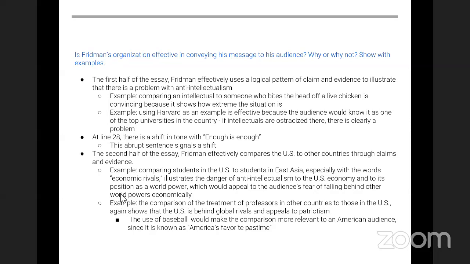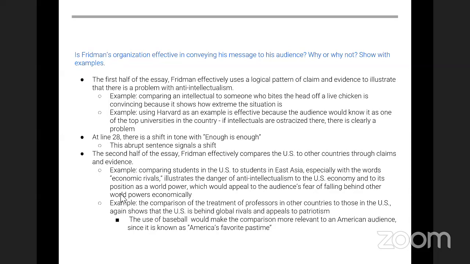In the second half of the essay, Friedman effectively compares the US to other countries through claims and evidence again. But here he's comparing. So, one example, he compares the students in the US to students in East Asia, especially with the words economic rivals, and illustrates the danger of anti-intellectualism to the US economy and to its position as a world power.